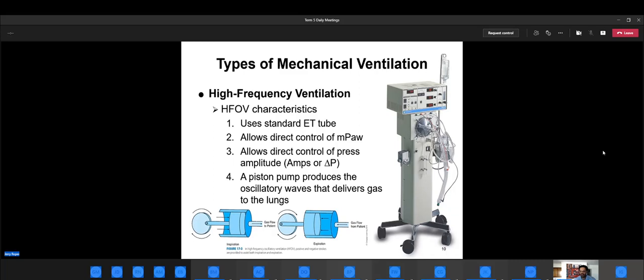So when it comes to your airway, you don't have to have any special airway to use a high frequency oscillator or a high frequency jet ventilator. Well, no, let me say oscillator, because we'll see with the jet, you are going to have a special airway. But with the oscillator, your patient is just going to have the same 15 millimeter adapter connection.